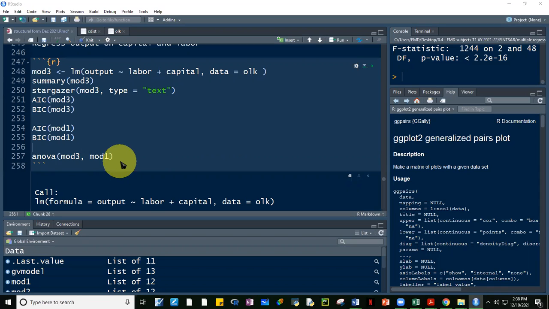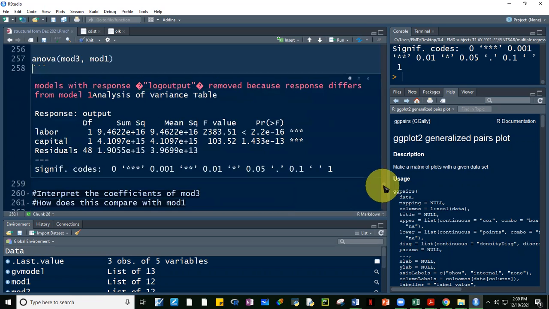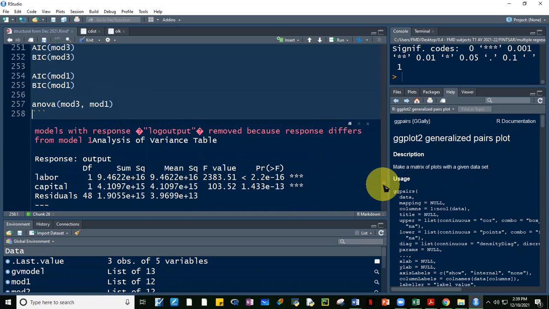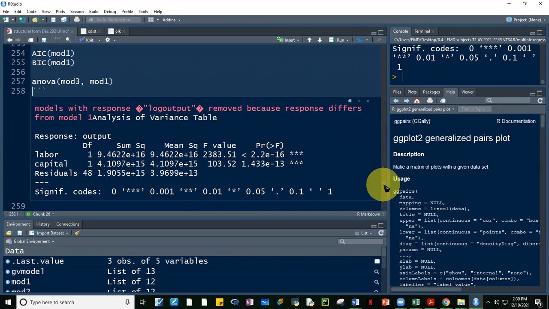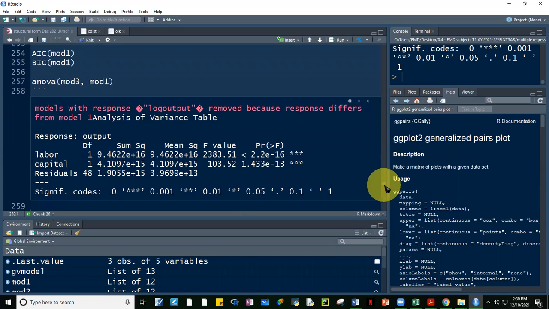Sir, yung lumabas po ba, sir, is yung may significance tapos may sum square ng mga labor capital residual. Okay? Tingnan nyo, guys. Nag-ANOVA tayo, no? Okay. So, ano nangyari dito?